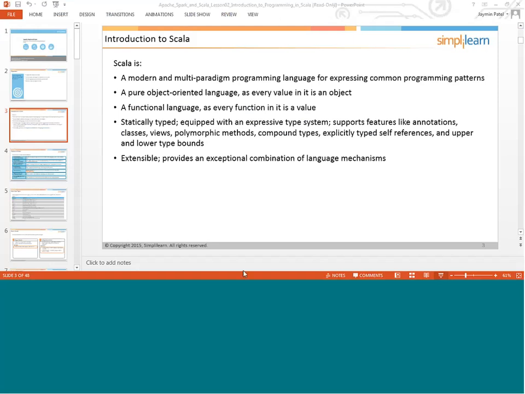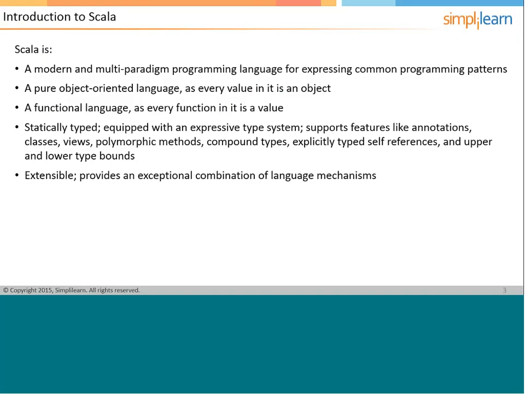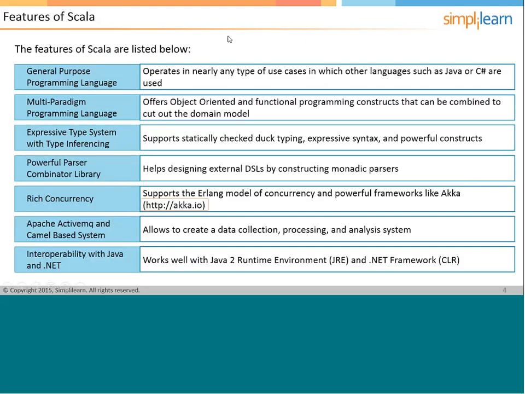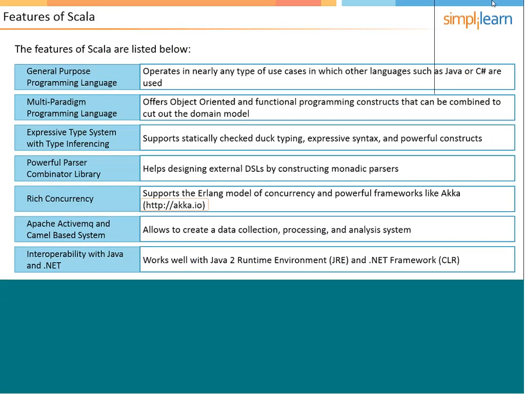Alright, so yeah, it's a statically typed language. We'll talk about what we mean by statically typed language. It's extensible, and provides an exceptional combination of language mechanisms. Some of the features of Scala: it's a general purpose programming language that operates in nearly any type of use case where another language can be implemented.